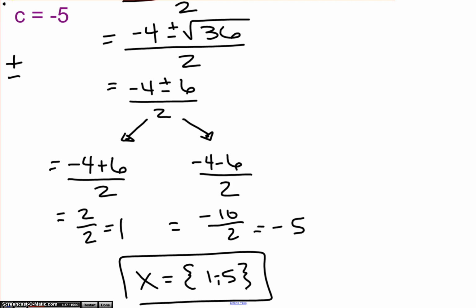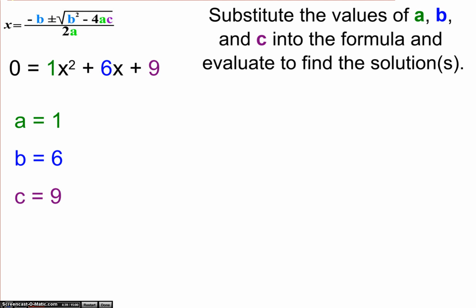So let's do the next example. Your quadratic equation was x squared plus 6x plus 9. Remember, you have that invisible 1 in front of x squared, so your a is 1, your b is 6, and your c is 9. Now substitute your values into your quadratic formula.